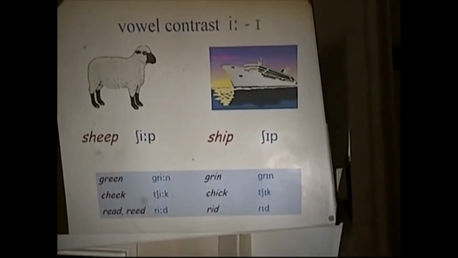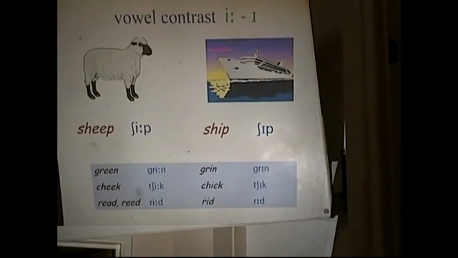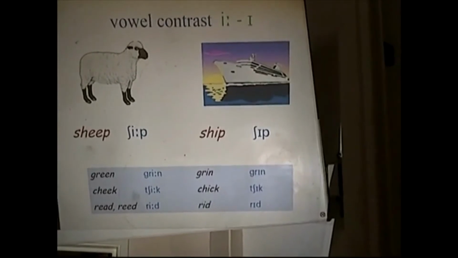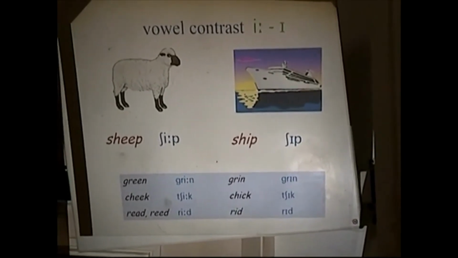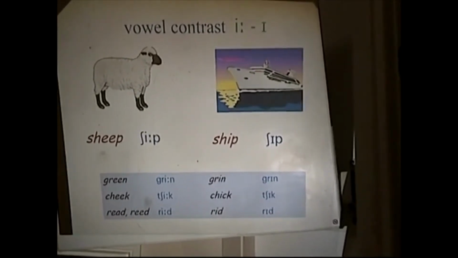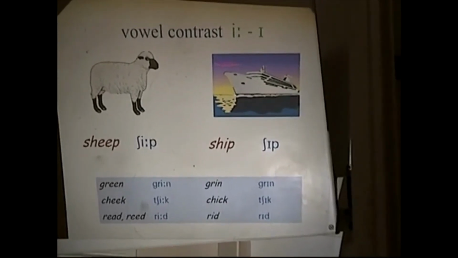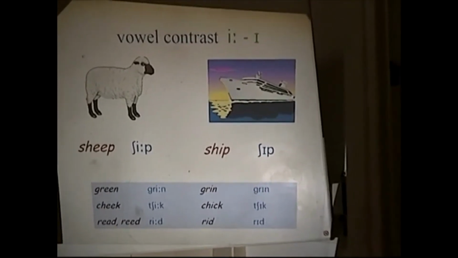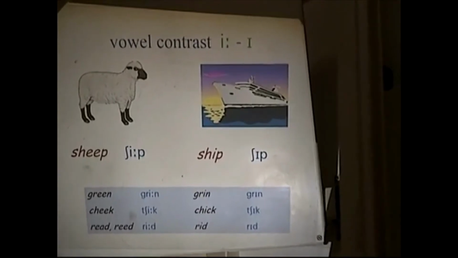So you'll all be familiar already, or if not already, you soon will be, with the contrast between, for example, long E as in sheep and short I as in ship. There you've got a sheep and a ship. One's a sheep, an animal, the other is a ship, a vessel. And we must make the difference between them. So we give you ear training about this. You have to say, which is the sheep, which is the ship, is this a ship, no it's a sheep, is it a sheep, no it's a ship.